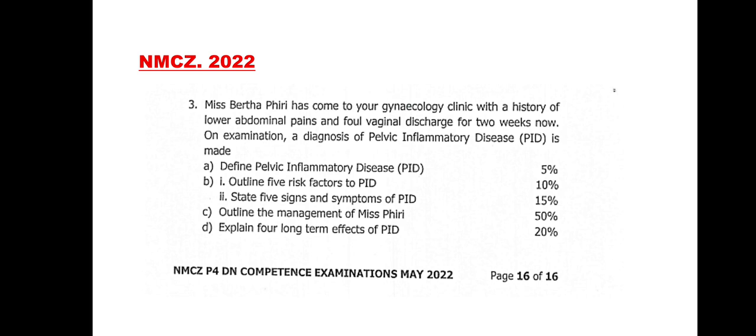So what are some of the 5 risk factors that are associated with PID? Number 1, of course the most obvious one, is multiple sexual partners. So how do multiple sexual partners cause PID? Definitely having more than one sexual partner increases the exposure to partners' different flora, these infections that I mentioned in the definition, Chlamydia trachomatis and Neisseria gonorrhoeae.